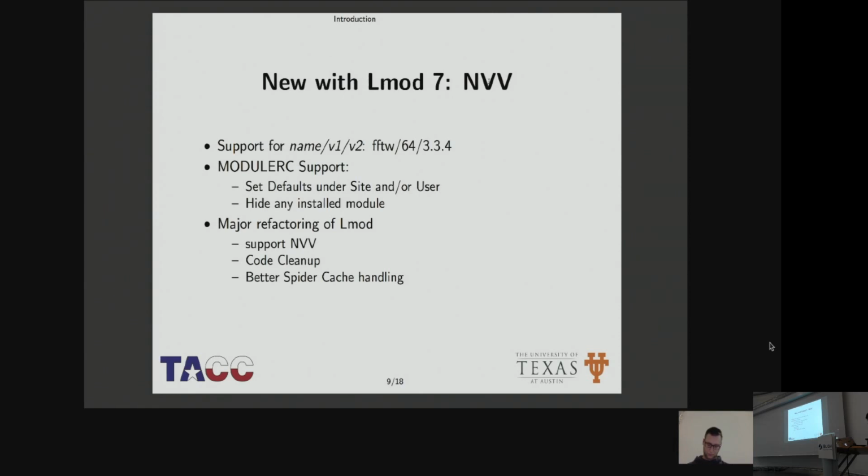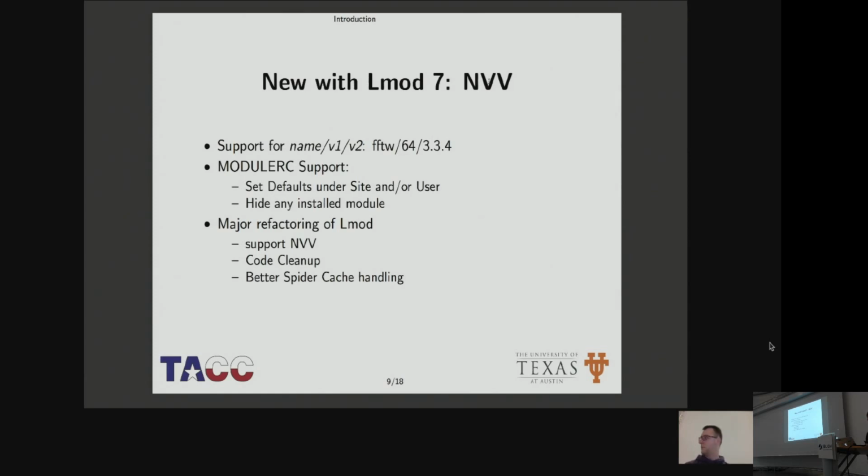So the support for name version, I'll have to explain what that means. The other thing is that you can set defaults through module RC. There are now 3 ways to set defaults. You can put a .version file or a .modulerc file in the module tree. You can have a system module RC file, or a user can have their own .modulerc file and control what the defaults are.